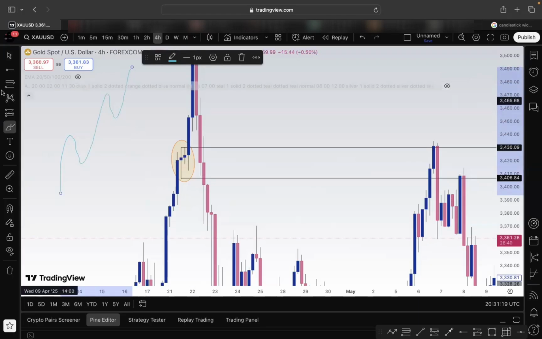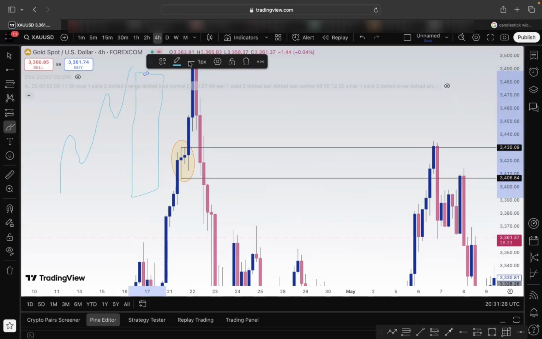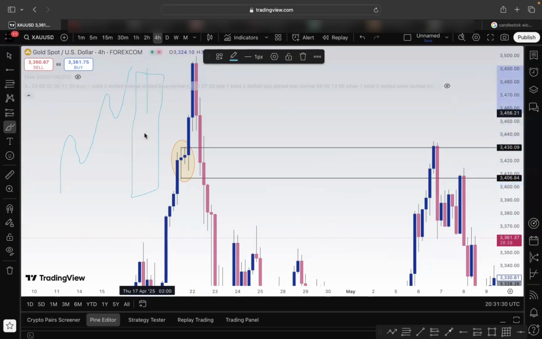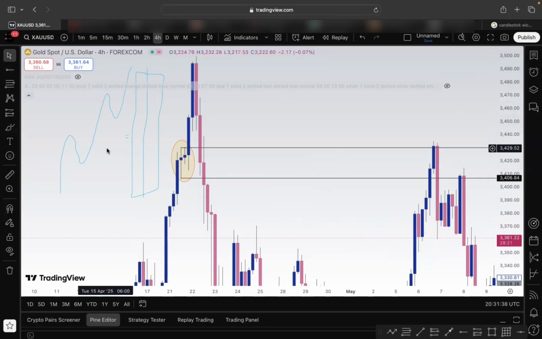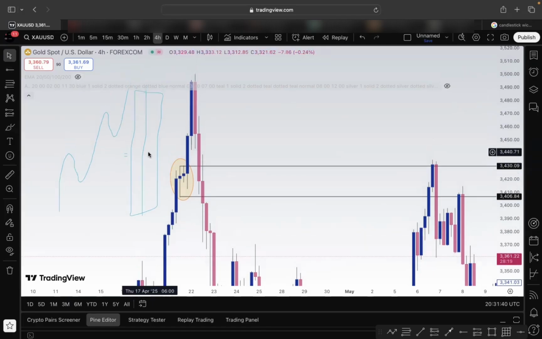Meanwhile, on the 4 hour, it could just be one bullish candlestick like this, with this wick somewhere here, depending on when it closed or when it opened. Do you understand? So this up move here is also equal to one bullish candle.